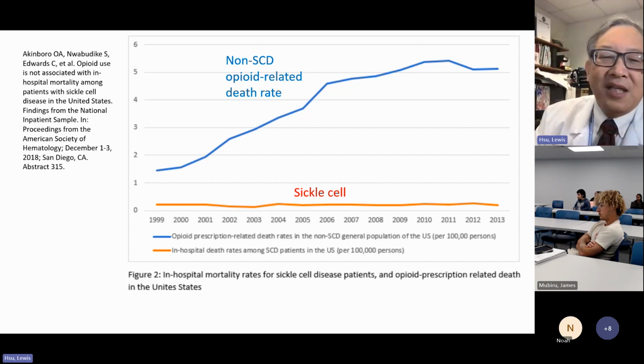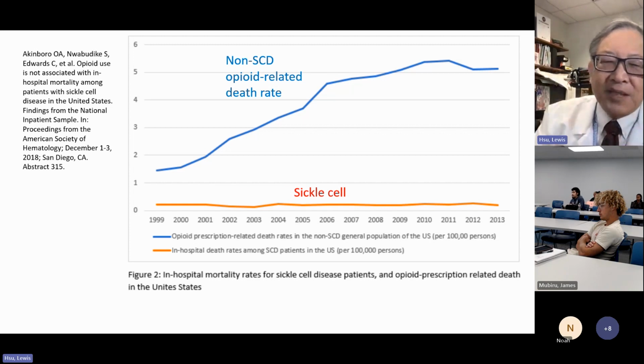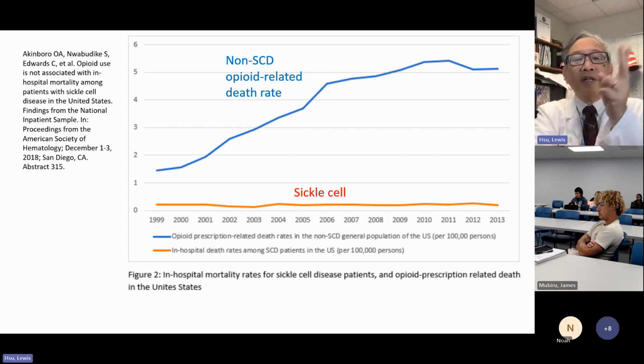I can't see that there's anything wrong with you. I just see that you're a young Black male in Chicago and you want to have pain medicines. Aren't you really just getting high? Aren't you really just selling this to somebody else? I'm not going to give you these medicines because I'm not going to perpetuate the opioid crisis in America. So you're not going to have anything for your pain.